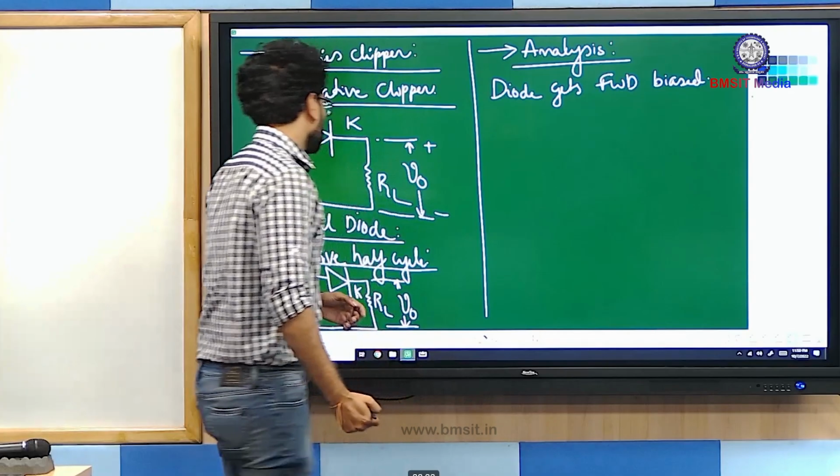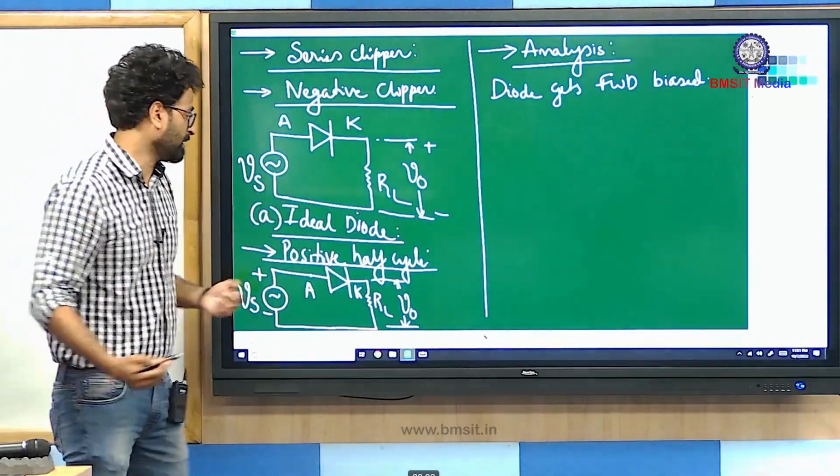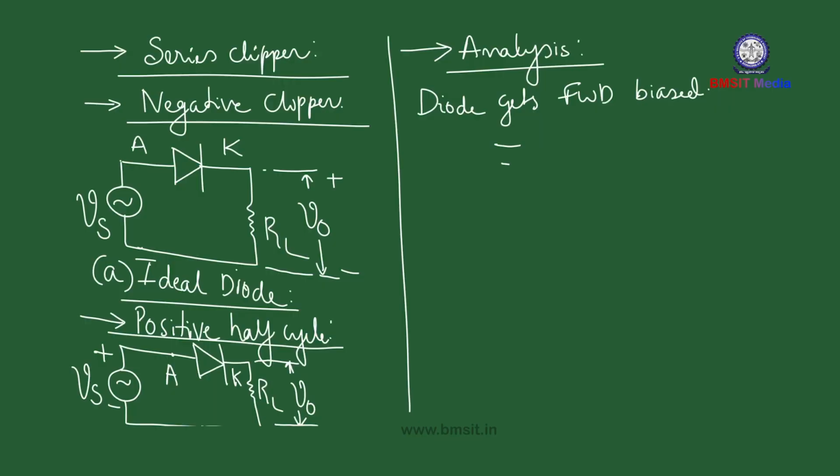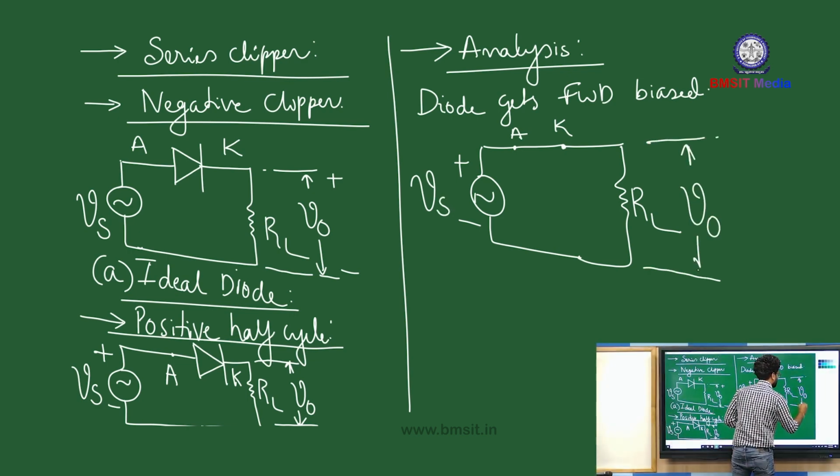In the ideal diode model, whenever the diode gets forward biased, we replace the diode symbol with a short circuit. So this is your anode and this is your cathode, the source, the load, and the output voltage with the given polarity.